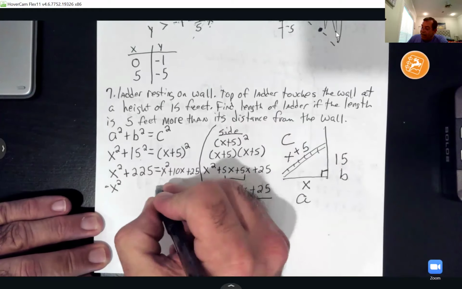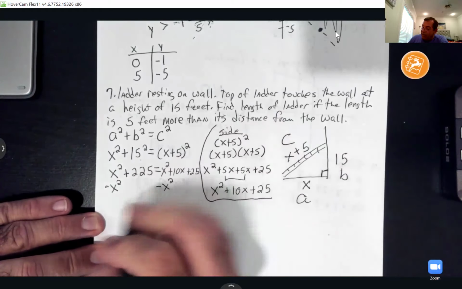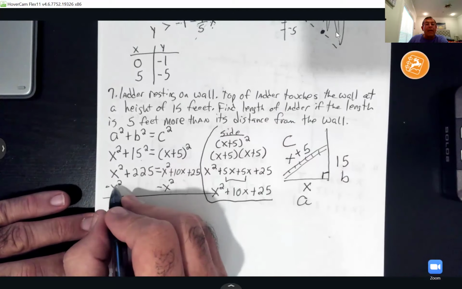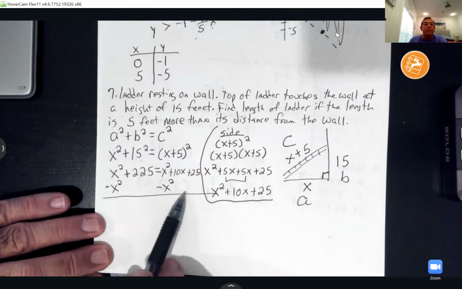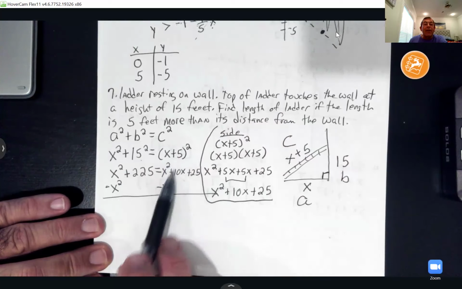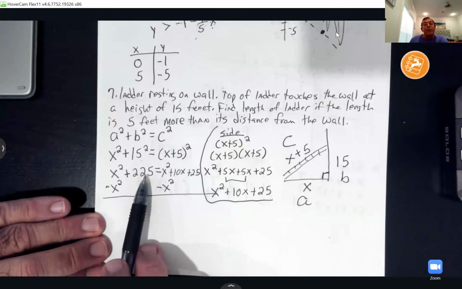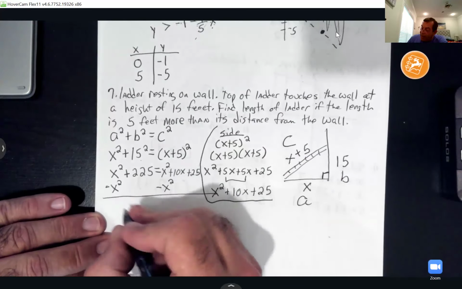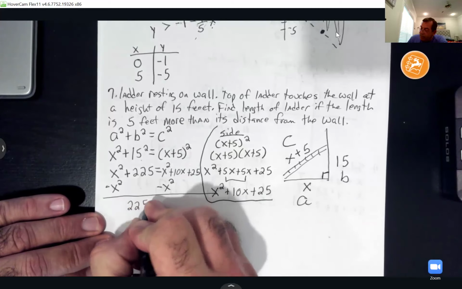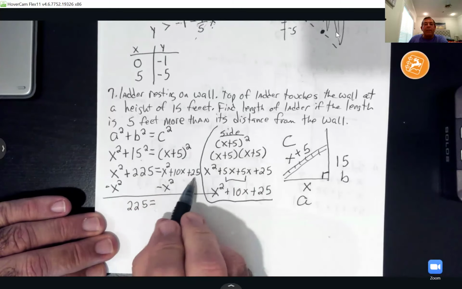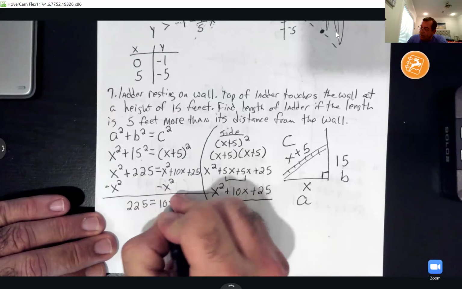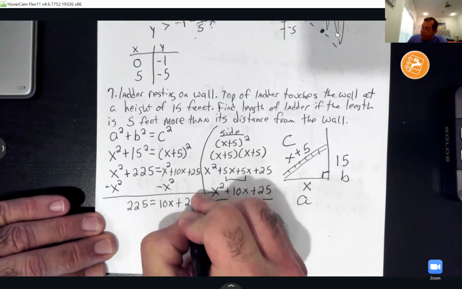So I'm going to subtract x squared from both sides to move that. And look what happens. The x squareds are canceling out on both sides. So that ends up being 225 equal to my 10x plus 25.